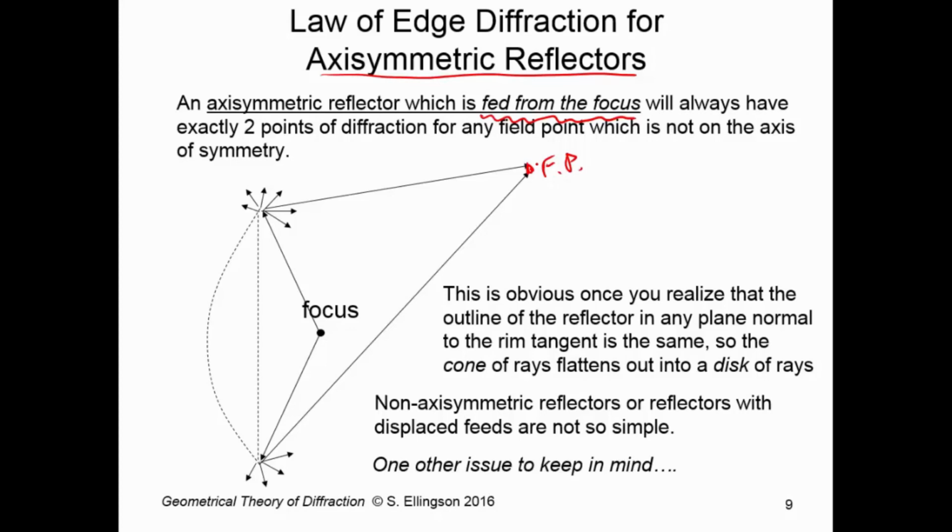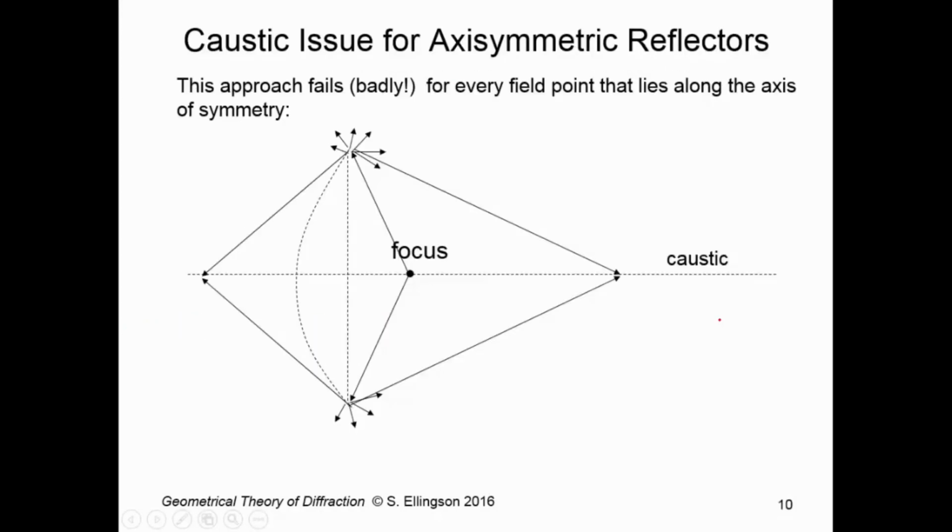Now, there's one other issue to keep in mind, and it's related to this issue here. When I showed you this result, I assumed the field point is not on the axis of symmetry. In other words, not field points along this line here, which is the axis of symmetry. The problem is that along the axis of symmetry, for an axisymmetric reflector, there is a caustic.